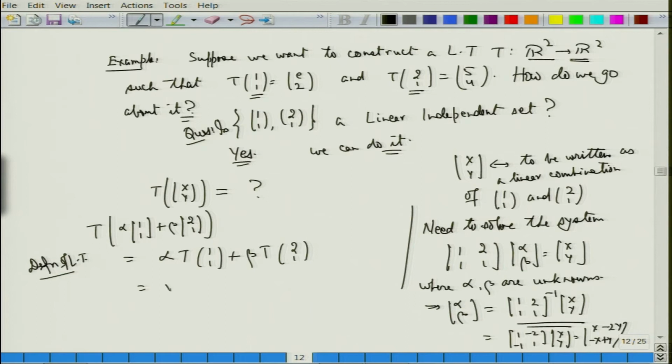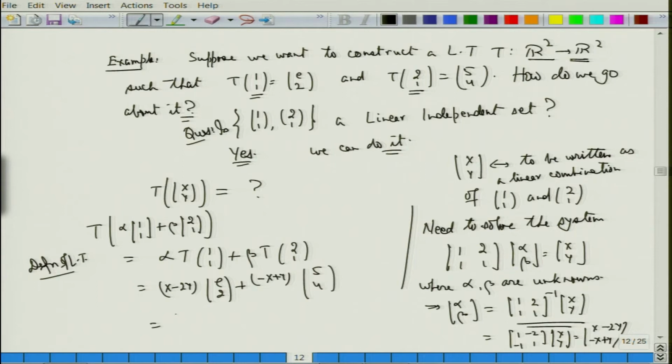Alpha here is x minus 2y, times T of (1,1). Beta here is minus x plus y, times T of (2,1). Sorry, what was T of (1,1)? T of (1,1) is (e, 2) and T of (2,1) is (5, 4).